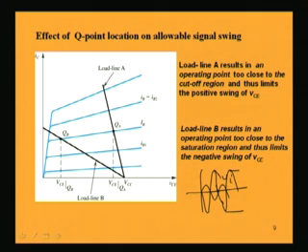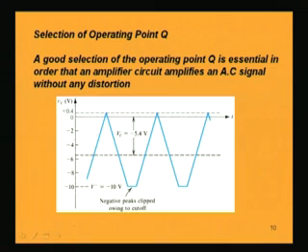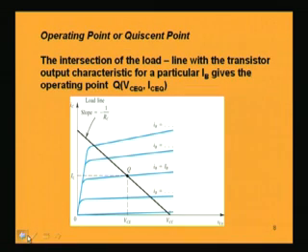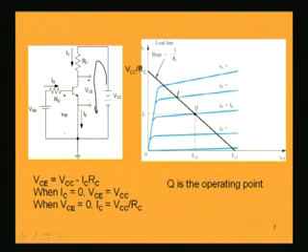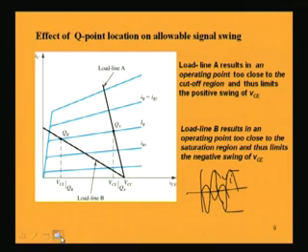My load line is also different for different values of output circuit resistance. If I change the RC value, the load line slope will be different. If I have a different RC value in the output, then the slope of the load line in the output circuit will be different, as is evident here.